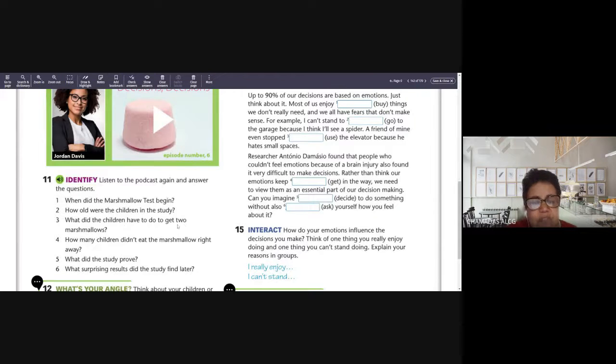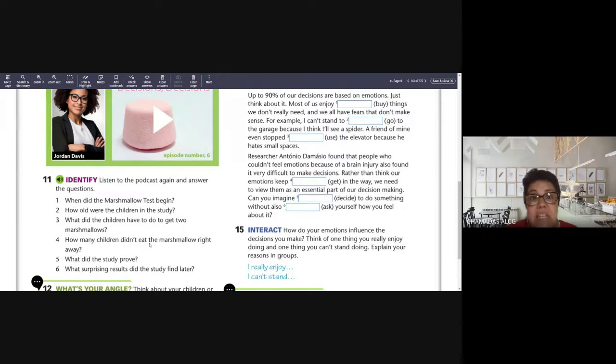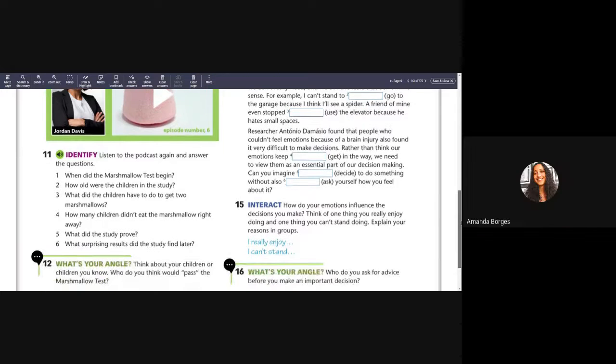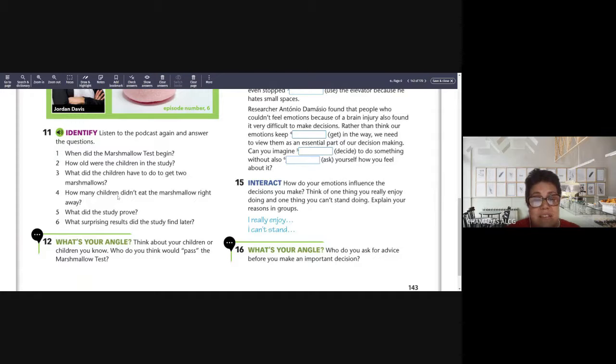What did the children have to do to get 2 marshmallows? They had to wait, not eat the marshmallow. Yes, they had to avoid eating the marshmallow. How many children didn't eat the marshmallow right away? 1/3 of the children.